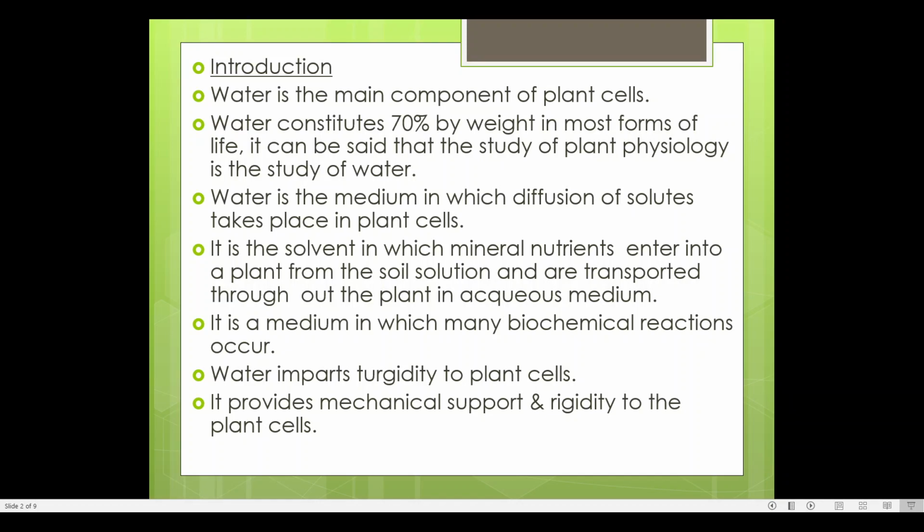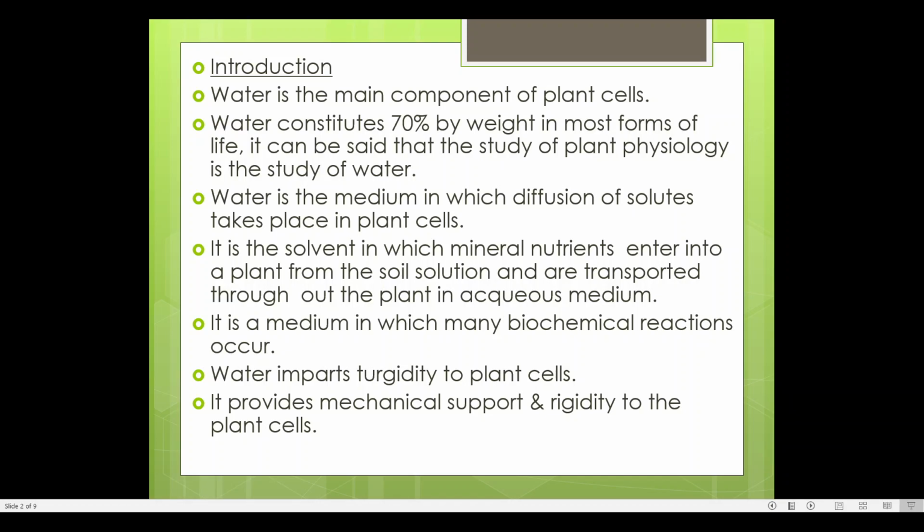So 70% of the weight of any life is constituted of water, and it is no exaggeration to say that the study of plant physiology is nothing but the study of water, because water is a universal solvent and all the life processes are involved with water.